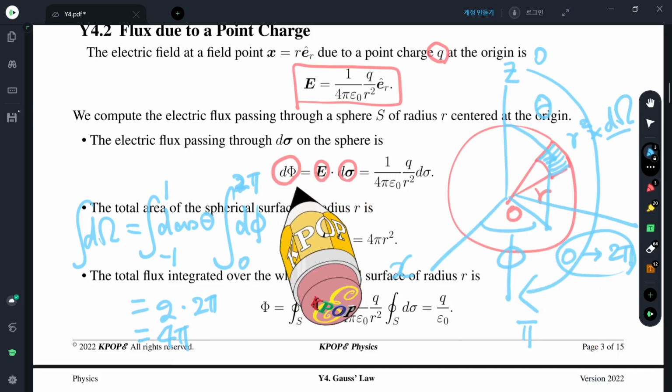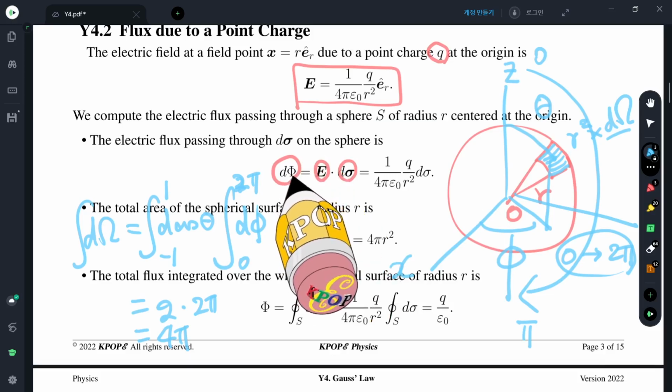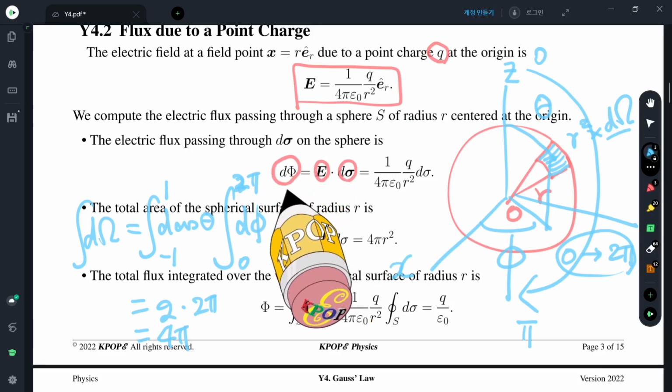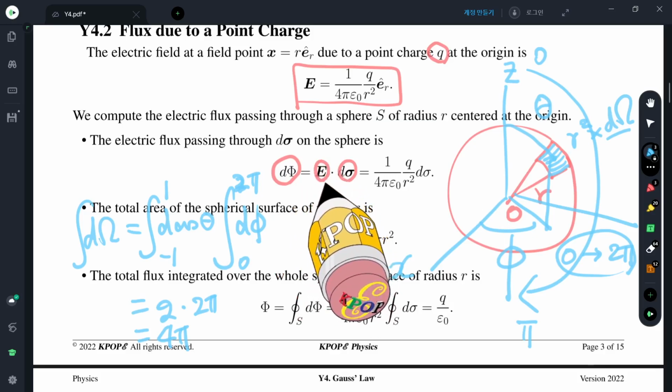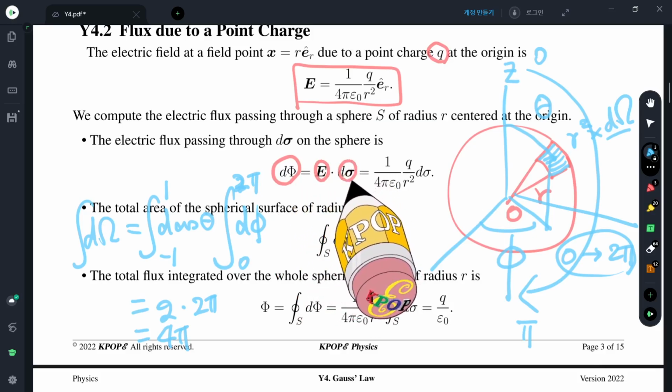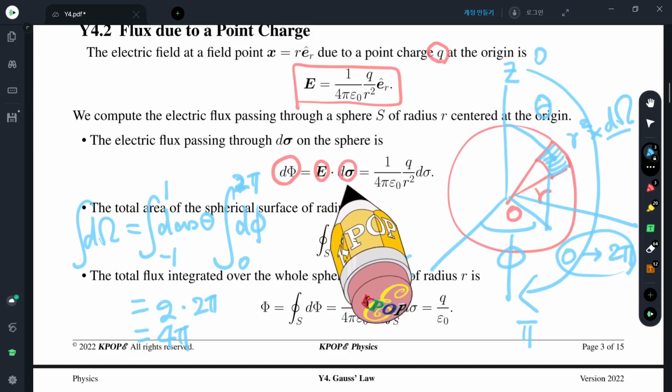So here, the electric flux is the scalar product of the electric field and the infinitesimal area vector.